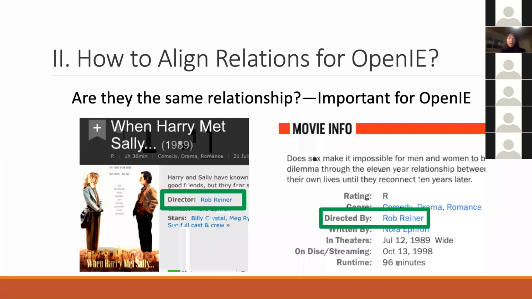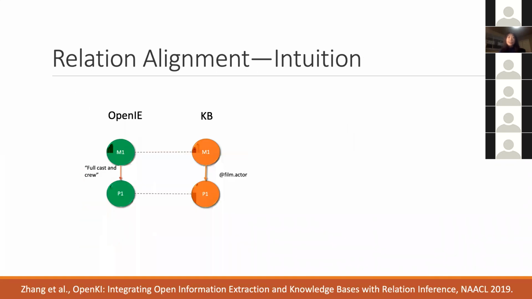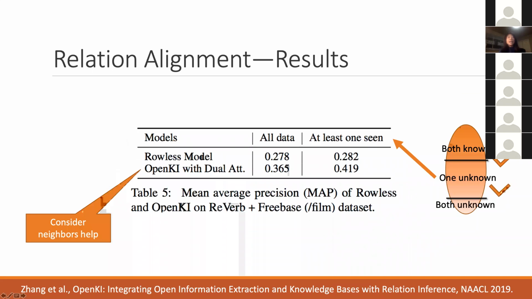Given the time, I don't want to talk too much about it, and you are welcome to read our paper OpenKI to solve this problem, but the problem is not fully solved, and as you can see, the mean average precision is still quite low, so there is still room to improve to get good results.